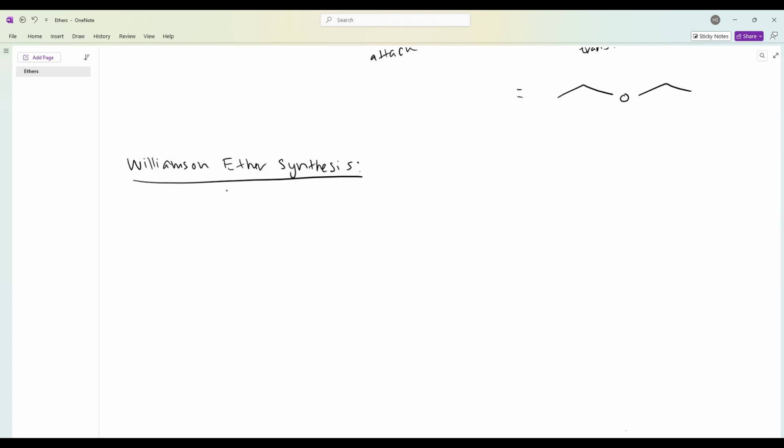And this way of synthesizing ether is going to be a little bit more helpful. It gives us the freedom to create whatever kind of ether we want to create, right?